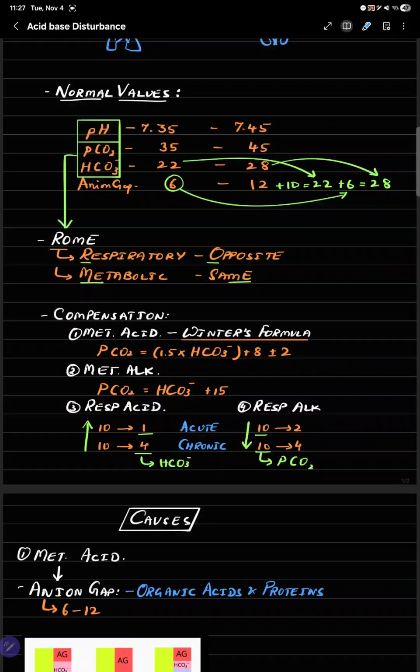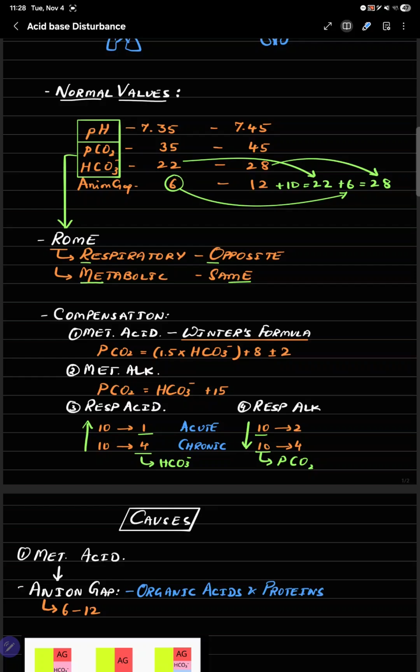Differentiate the cause, whether it is primarily respiratory or metabolic, using the mnemonic ROME. RO stands for respiratory opposite, and ME stands for the first two letters and last two letters in metabolic and same.